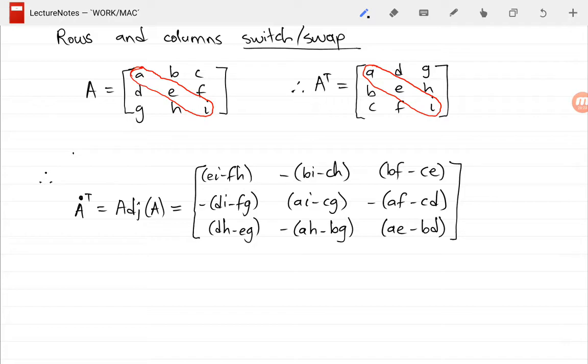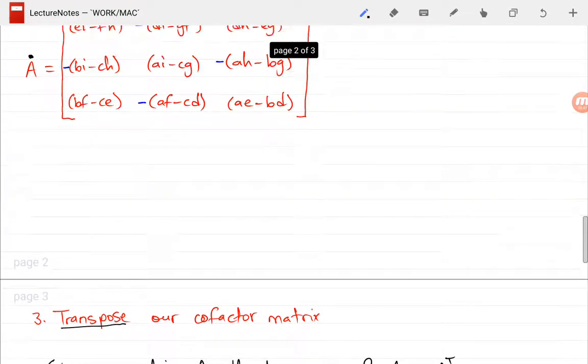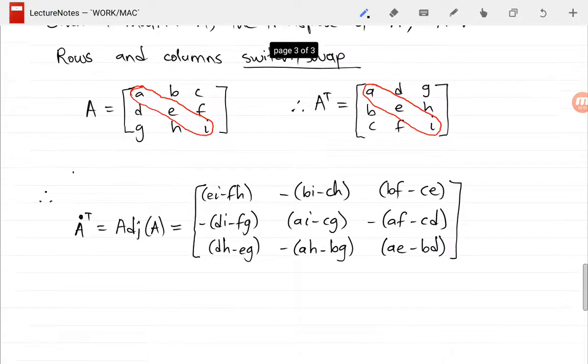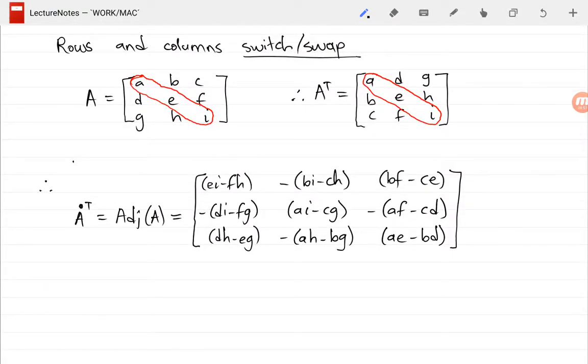You can try to redo this little exercise and check if you can get to the same adjoint, and try to understand. If you're still confused, you can go back into the video and see how I was able to come to this matrix. And something that's also worth noting is the fact that our pattern here, which we introduced up here, for turning minors into cofactors, is still maintained when we have done the transpose and found the adjoint.